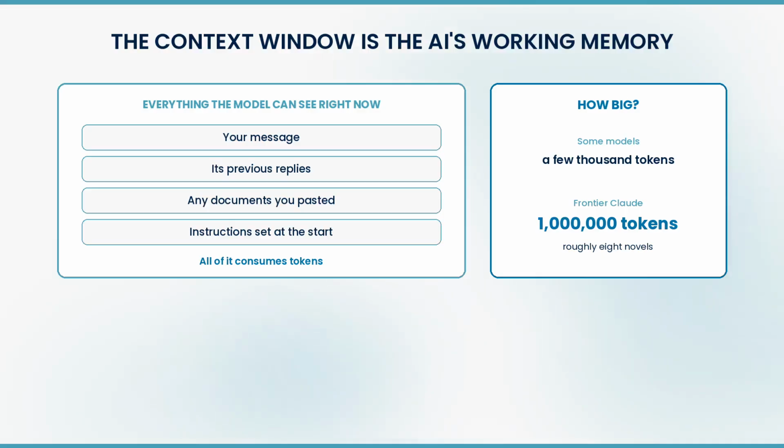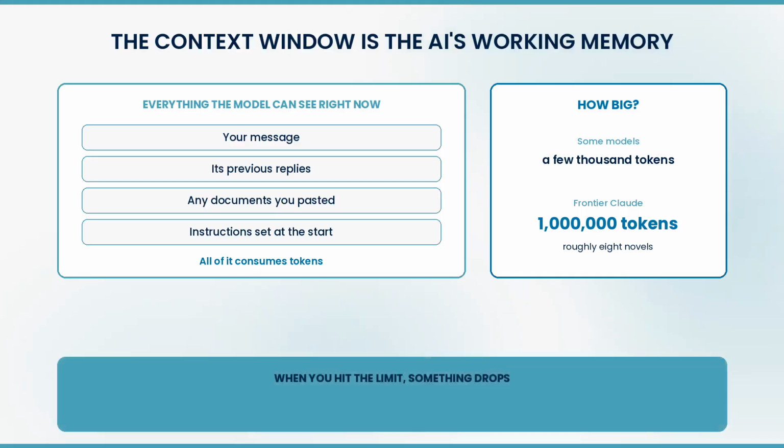That means you can paste in entire transcripts, whole document sets, even a full code base, and the model works across all of it at once. When you hit the limit, something drops. Older parts of the conversation fall out. That's why very long AI chats sometimes seem to forget what you said at the beginning. Those early messages left the window.